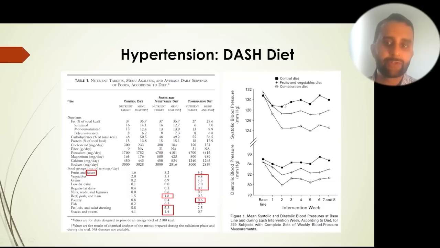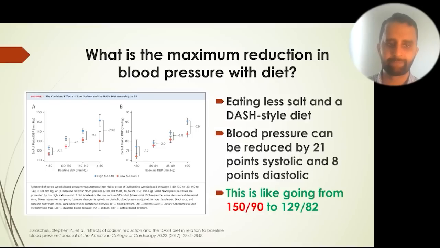And then finally, the in-between diet, known as a fruit and vegetable diet, which is a little misleading, produced a result that was in between the controlled diet and the DASH diet. But the main takeaway is that a DASH diet, which included plant foods, could reduce blood pressure pretty quickly and keep blood pressure at a lower level.